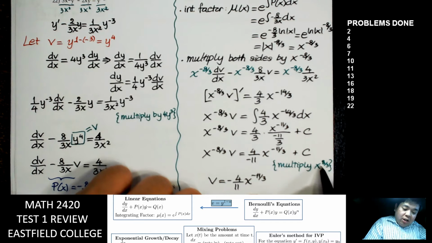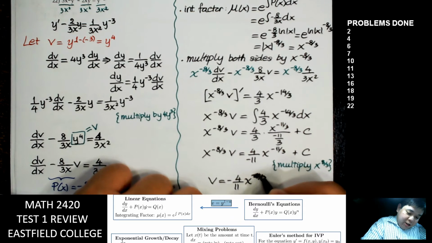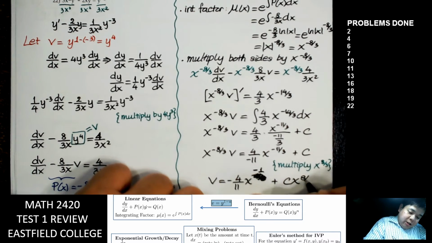So negative 11 over 3 minus 8 over 3 is negative 3 over 3, so this is just negative 1. And then c times x to the 8 over 3.